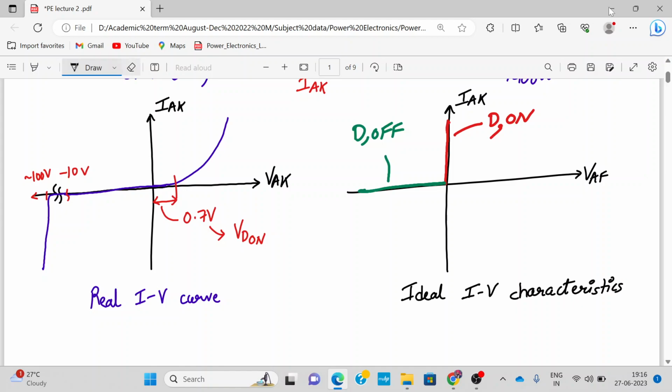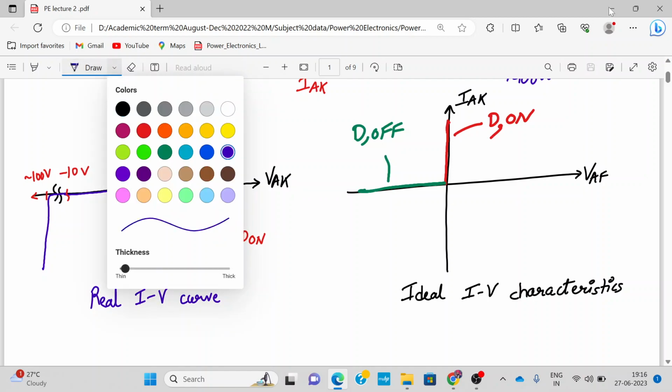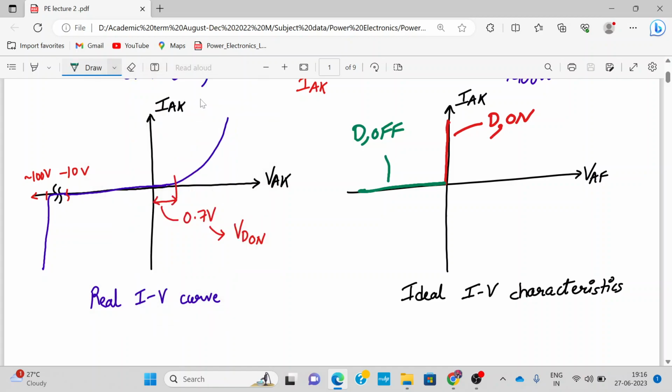Now, when we talk about a power diode, the ratings will change slightly. Over here we can write ratings of around, let's say, minus 1000 volt. The reverse breakdown voltage can go to minus 1000. Here this VD on voltage might go to around 1 to 2 volt.